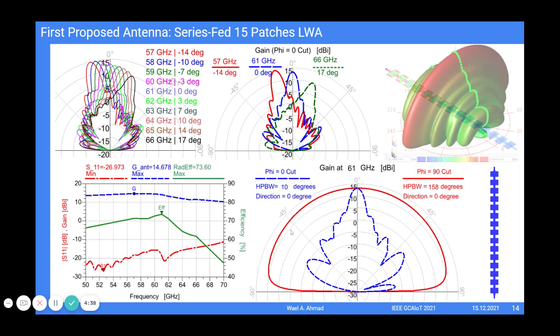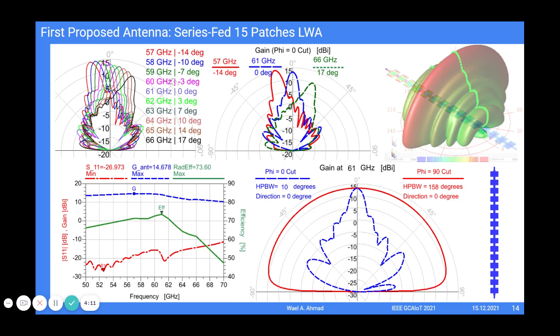The 2D radiation pattern cuts can be seen here with a half power beam width of 10 degrees and 158 degrees. And the scanning range in the ISM band can be from minus 40 degrees to 70 degrees, from 57 GHz up to 66 GHz, with a scanning resolution of 3 degrees per 1 GHz.